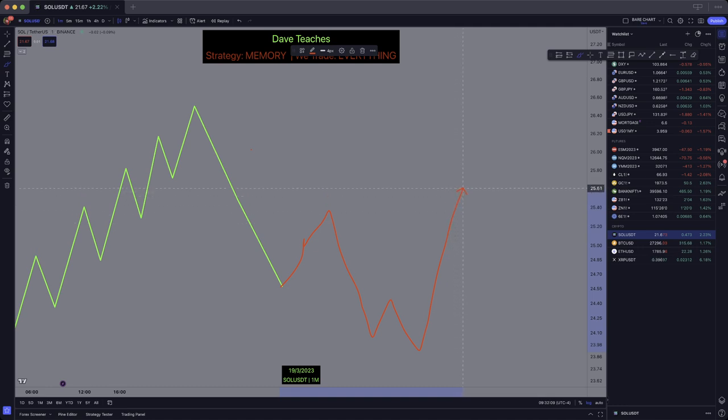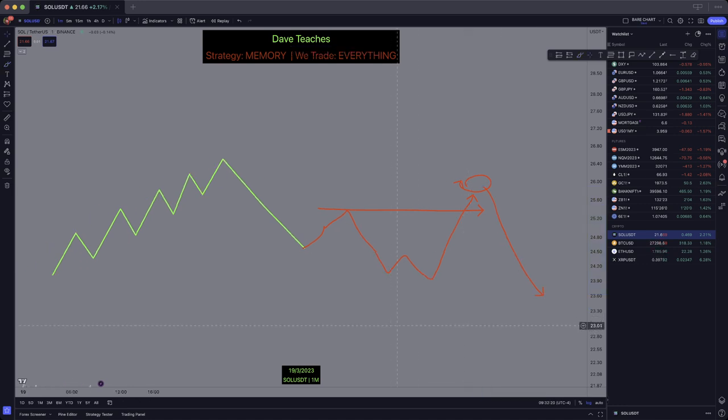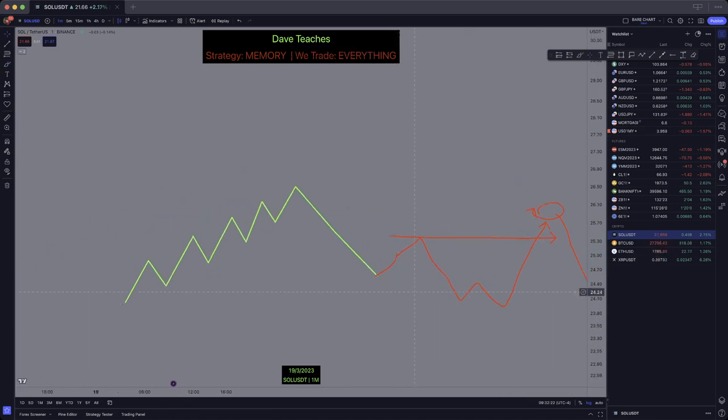And then you see us come up above this high, tap up into whatever area we have here, and then you see us short, like that. That's how those structural shifts tend to happen on higher time frames, in higher time frame POIs.